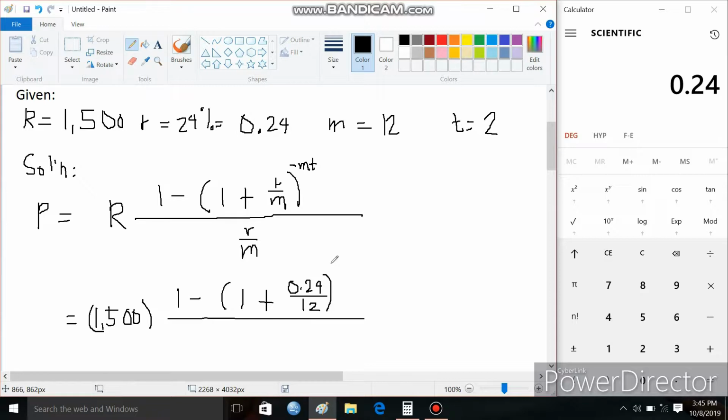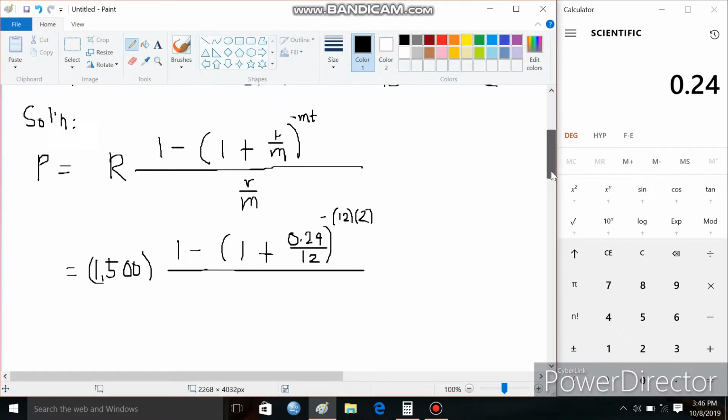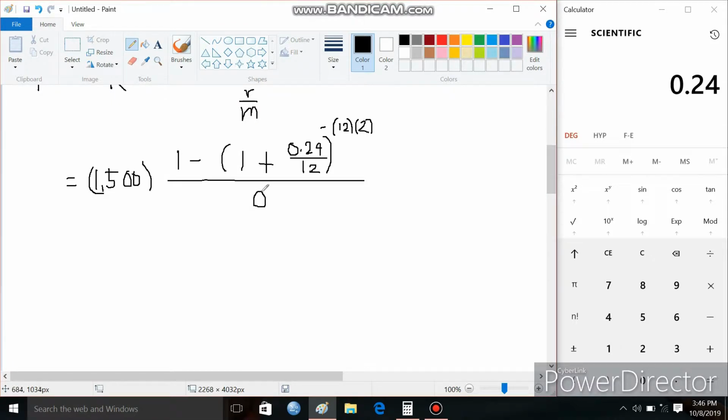Then raised to the power of negative M, which is 12, times the time T, which is 2. Then for R over M, we have the same R over M here, so we will simply copy this operation and numbers: 0.24 divided by 12.